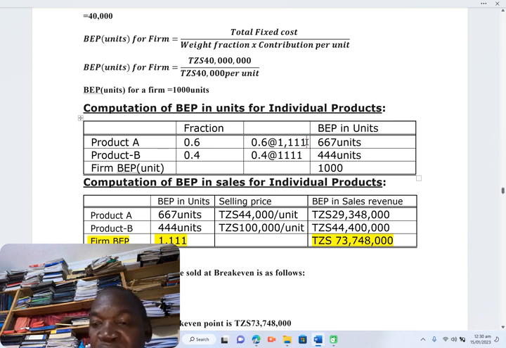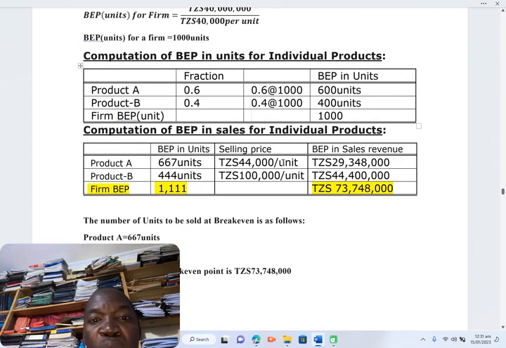Multiplying the weight fraction by 1,000, we have 600 units here and 400 here. From here we have done. So on revenue we use break-even point 600, and our sales in B is 400. The total is 1,000.